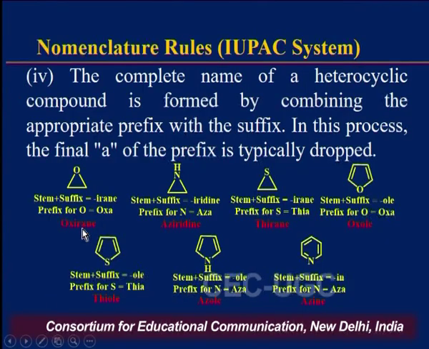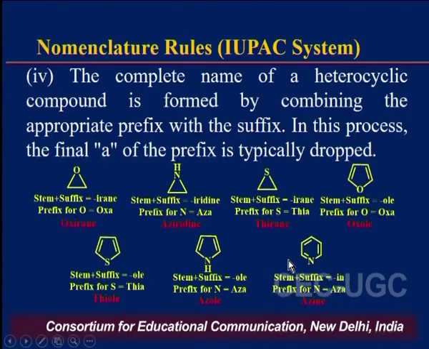So the complete name of this heterocyclic compound will be oxirane. In a similar way, if there is a 3-member ring with nitrogen, then the suffix will be iridine, and the prefix for nitrogen is aza. After dropping a from aza, the complete name will be aziridine. In this way we can name all kinds of heterocyclic compounds.